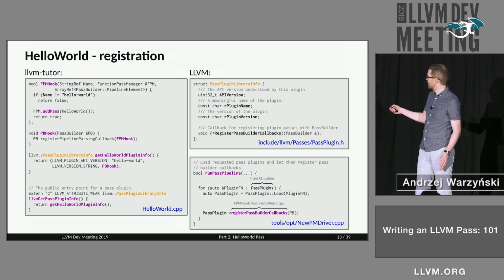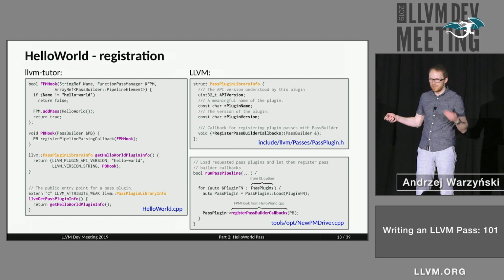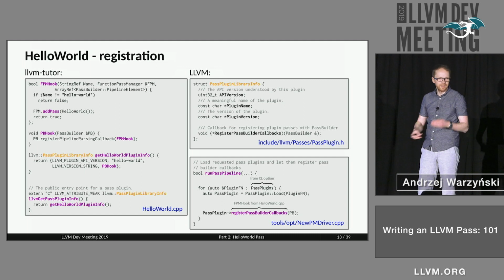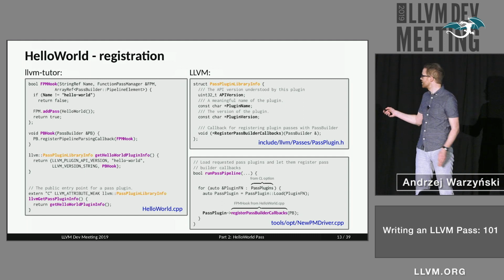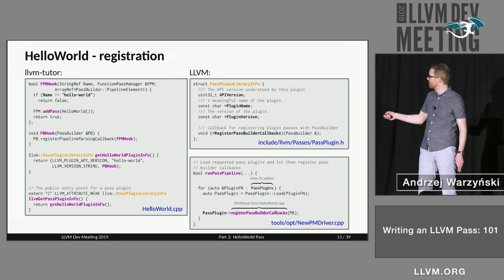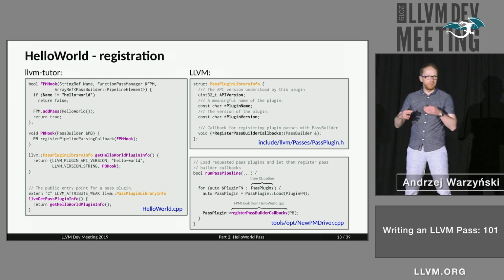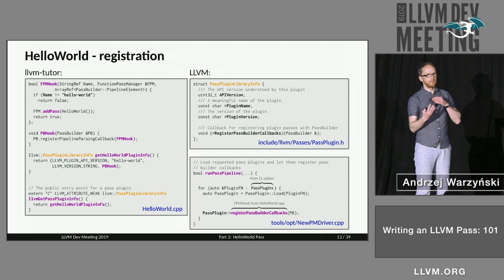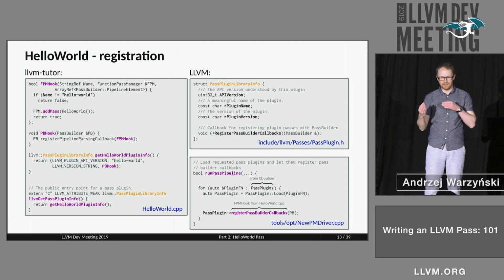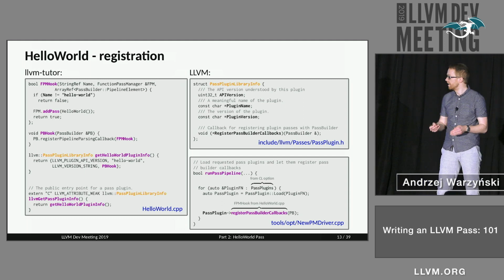You check what that is, and it's a fairly simple struct. It contains the API version, plugin name, plugin version. It all makes sense. And there's this last thing, which is a callback that takes a PassBuilder, and it's called RegisterPassBuilderCallbacks. PassBuilder is something that connects everything together. And what we need to do is register the callback that tells PassBuilder how to create our pass.